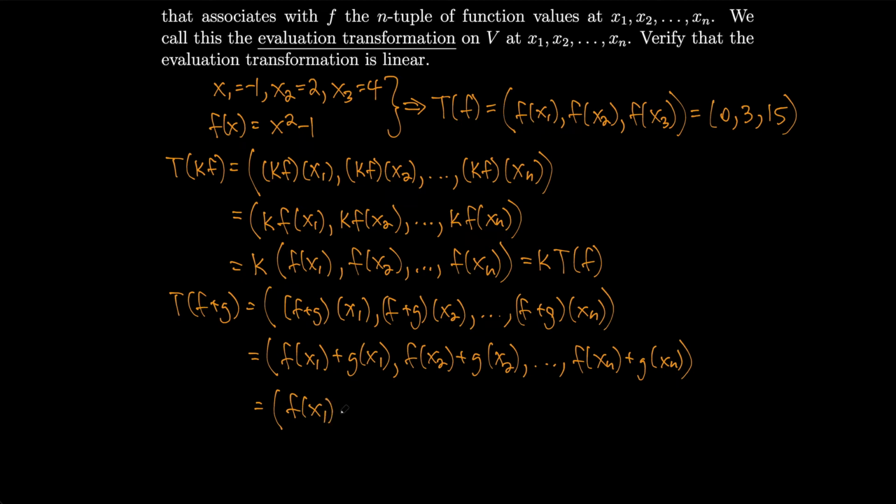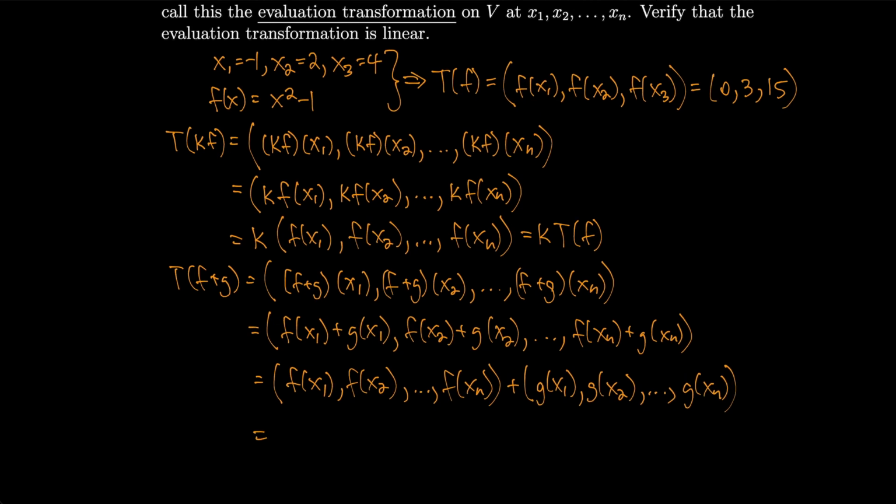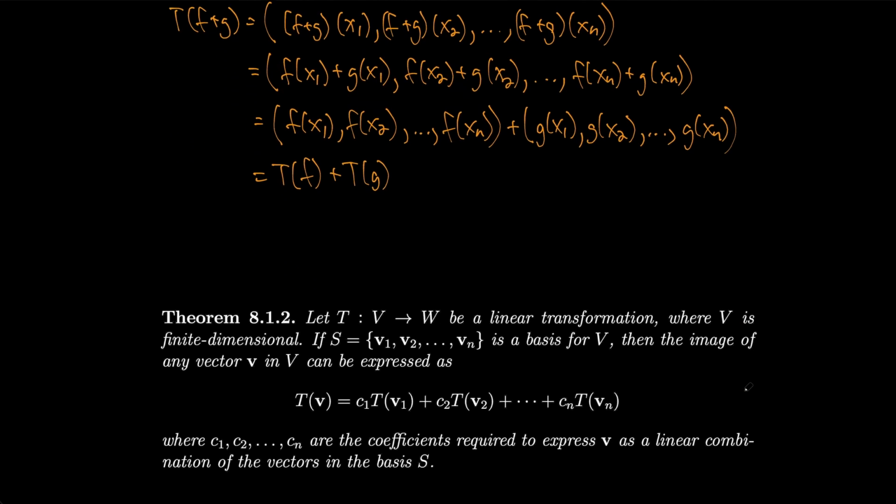Okay, f of x1, f of x2, all the way through f of xn, and I will add that to g of x1, g of x2, through g of xn. So that's equal to T f plus T g. Perfect.